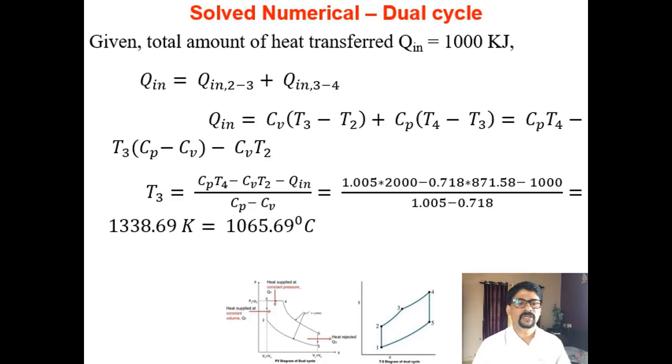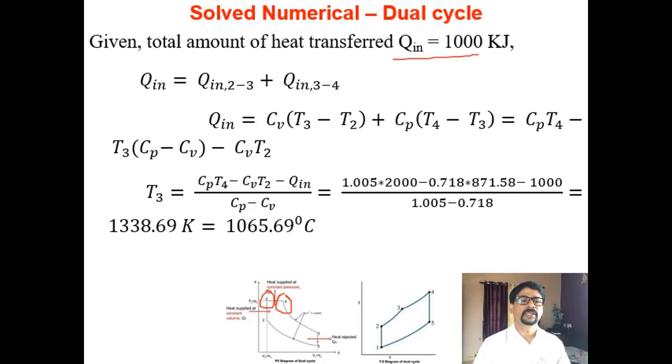Now to find T3, you should know that no other information is given like pressure P3. If P3 were given, then you would have calculated it. But T4 is given, and one extra data is given, that is Q in, the total heat supplied, equal to 1000 kilojoules.